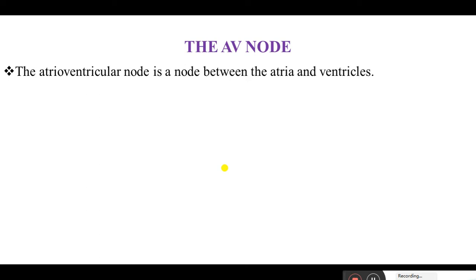It is situated at that point because its main function is to ensure that the electrical impulse stays within the region of the atria until the atria are completely contracted and the ventricles have completely been filled with blood.